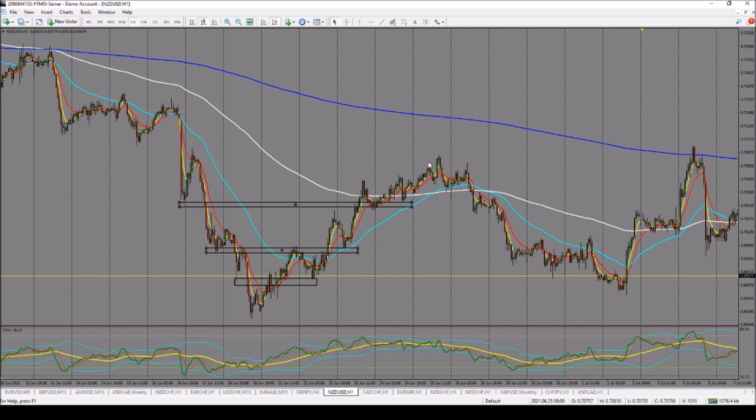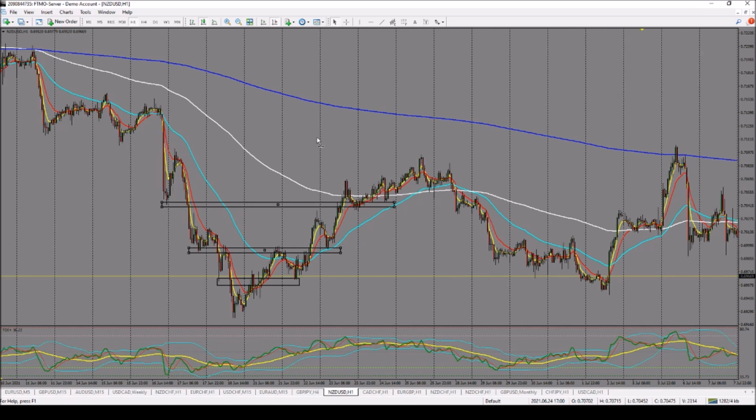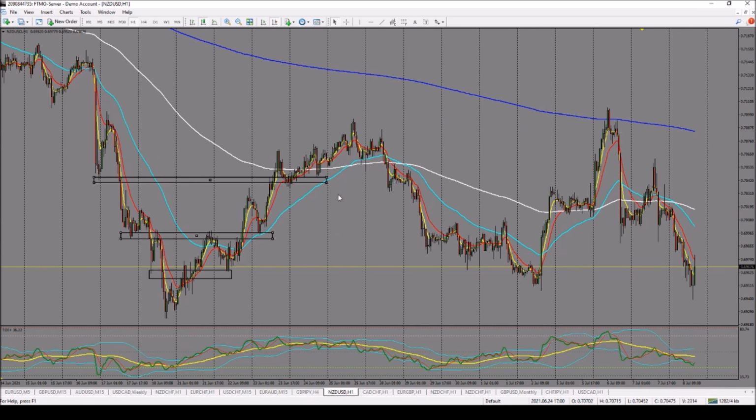So as you can see, the lower lows are giving us the most reliable order blocks, but there's nothing certain in the forex market. Sometimes you would see the higher lows or the higher highs holding and giving useful order blocks. So this was the previous flow to this flow.